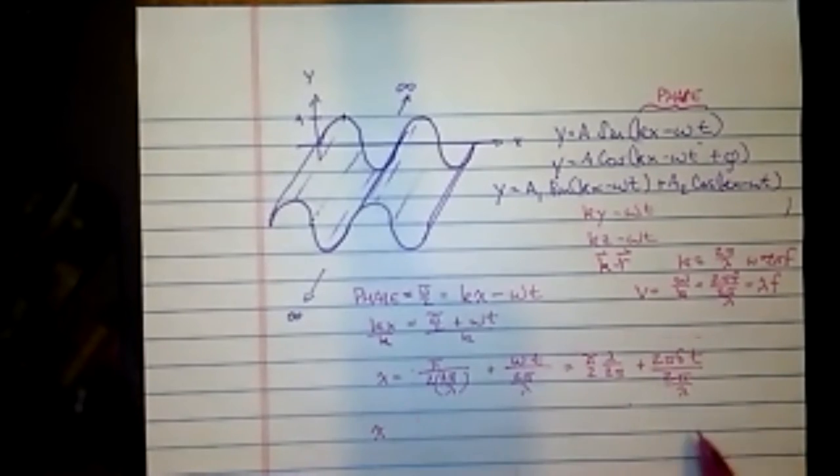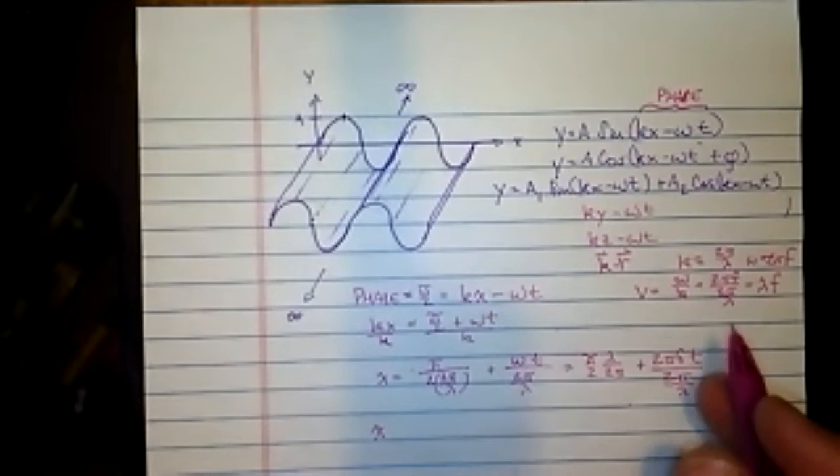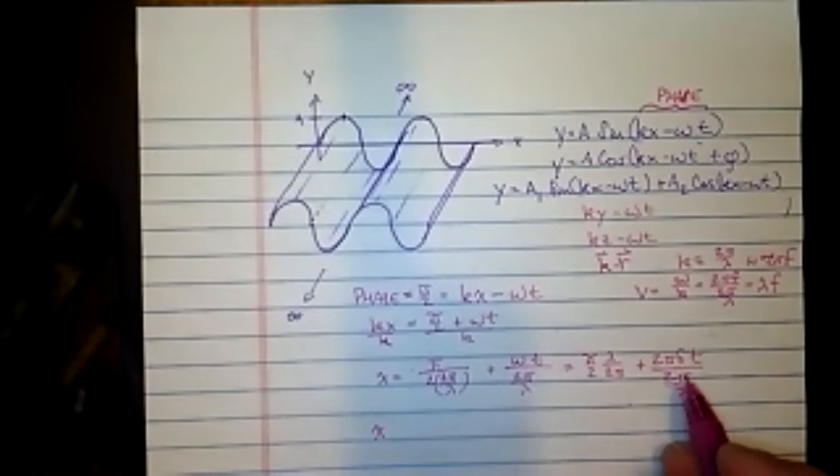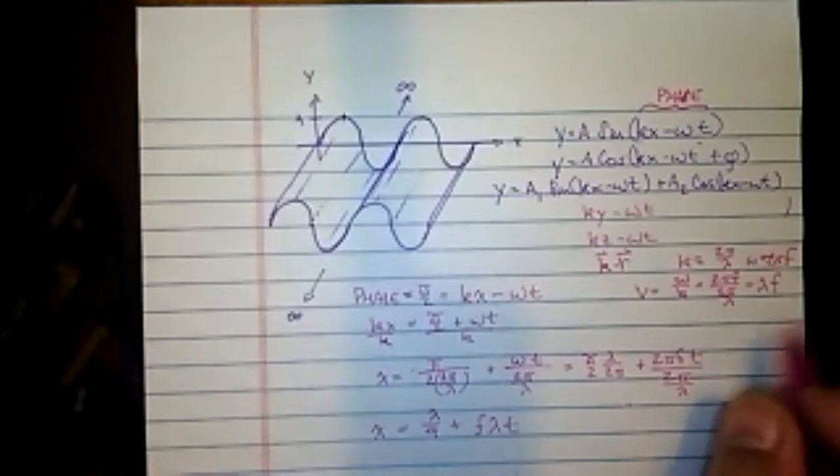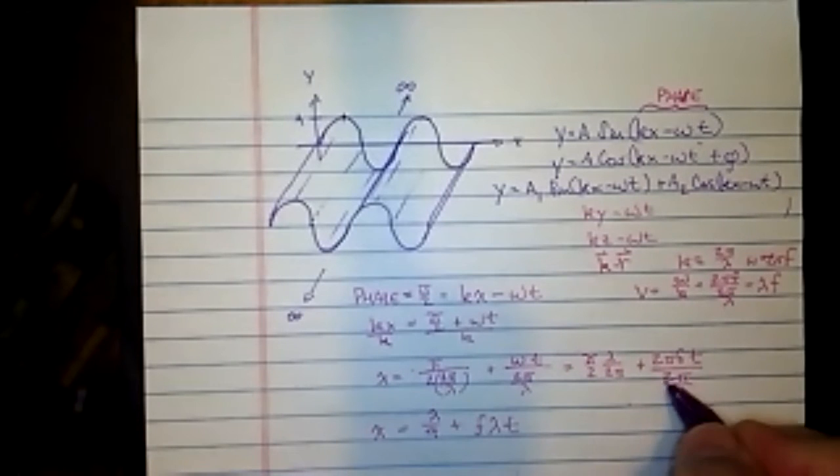So now I'm going to flip that 2 pi over lambda over to complete the division of 2 pi ft by 2 pi over lambda. And in this case, I now get lambda over 4 plus f times lambda times t. You can see what happens is this 2 pi is going to cancel out with this 2 pi.